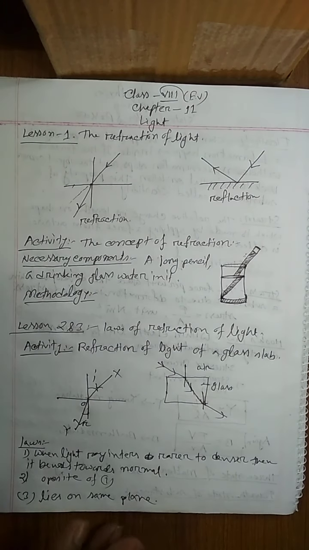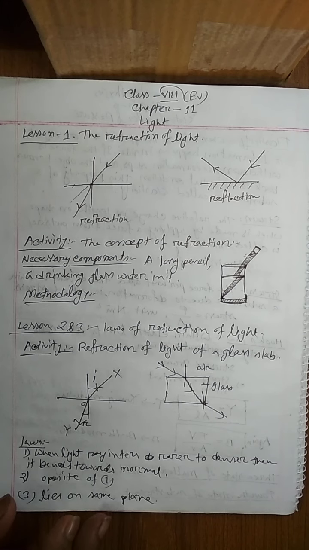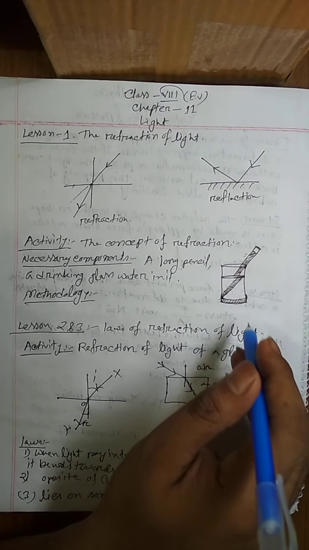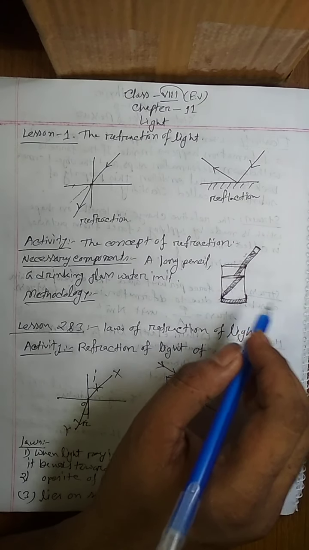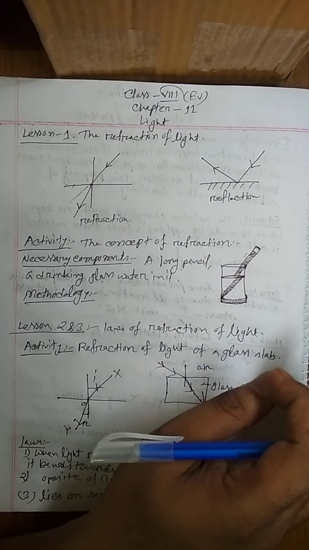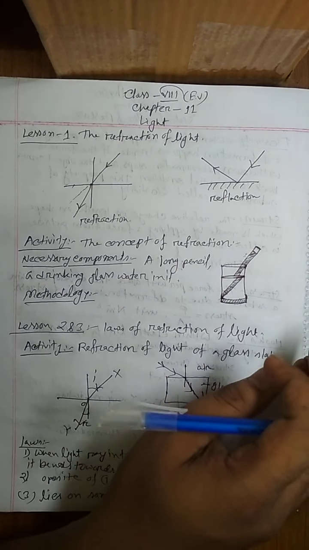Okay. Now see what we have learned from today's class. We learned what refraction is. We compared reflection and refraction. To understand refraction, we did an activity: the concept of refraction, where we see the pencil bending at the surface of the half-filled water glass.